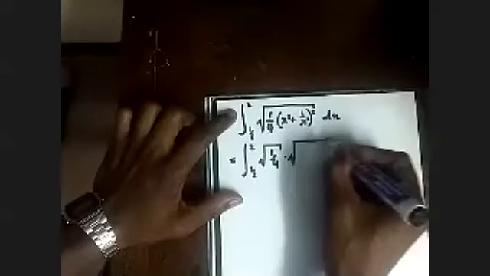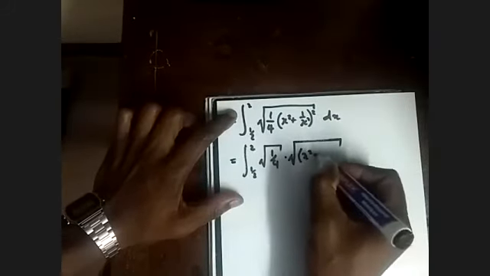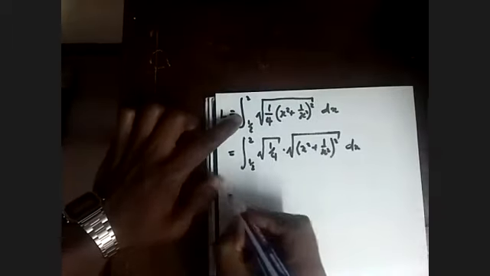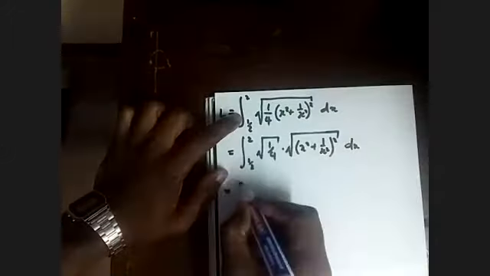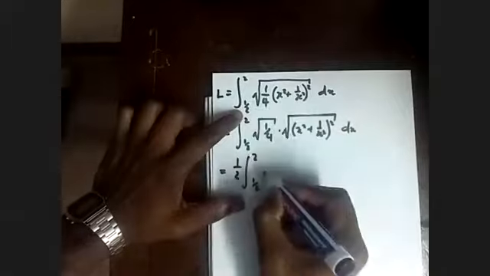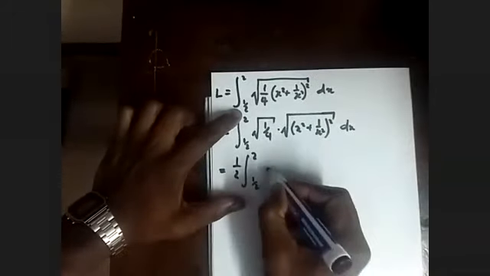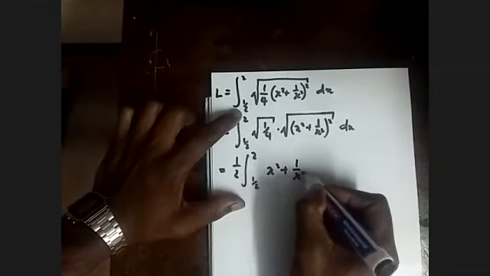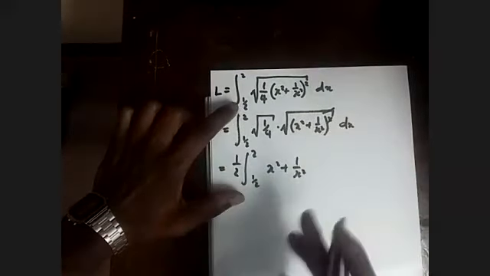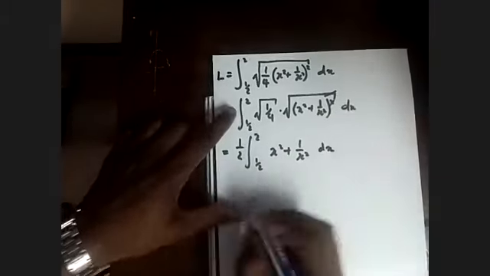So the square root of this, 1/4 multiplied by the square root of x squared plus 1 over x squared dx. The square root of 1/4 is just 1 over 2, and then we have that thing, x squared plus 1 over x squared, because now this thing and that thing would cancel out, and then you're going to have dx here.